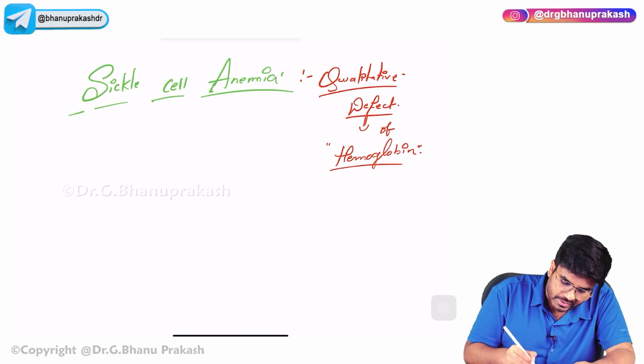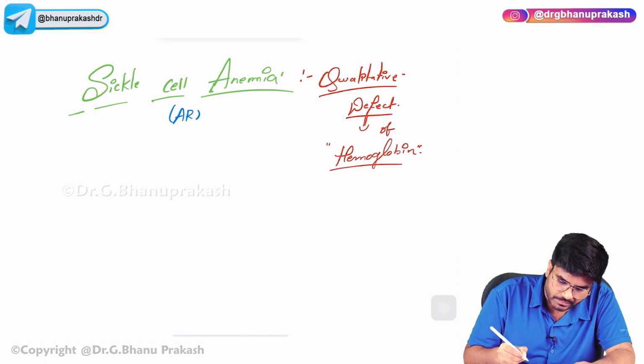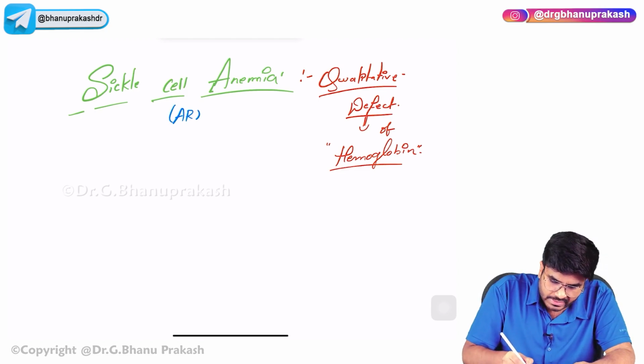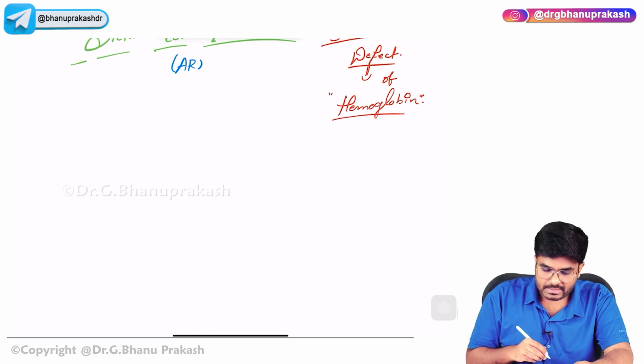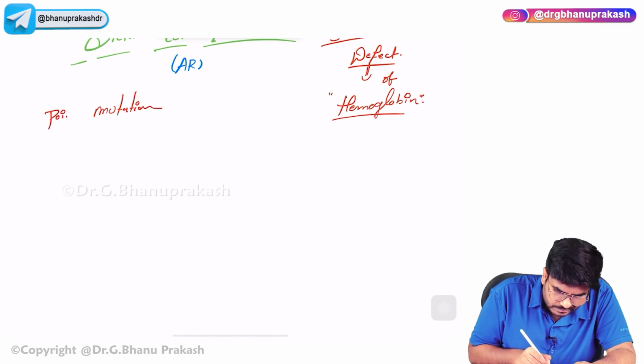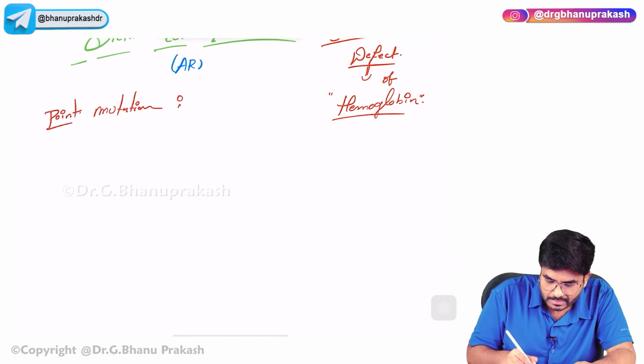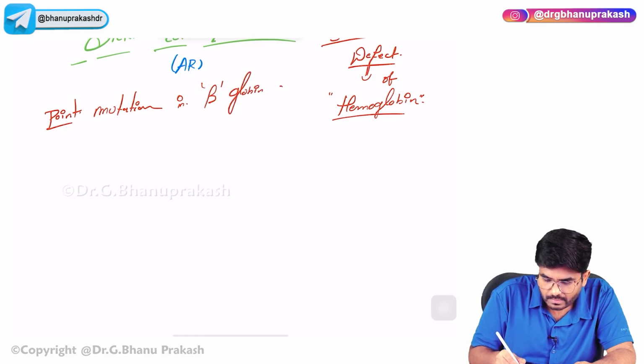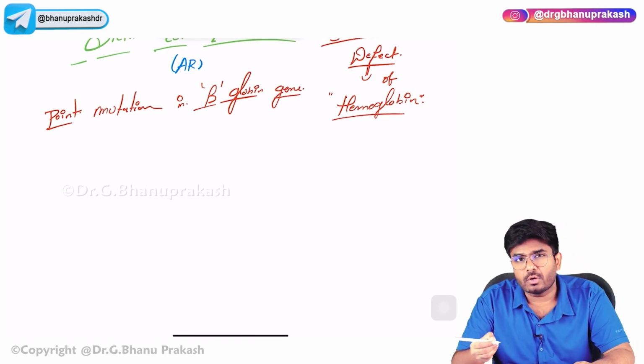Sickle cell anemia is an autosomal recessive disorder. In this condition there is a mutation, actually a point mutation in the beta globin gene.